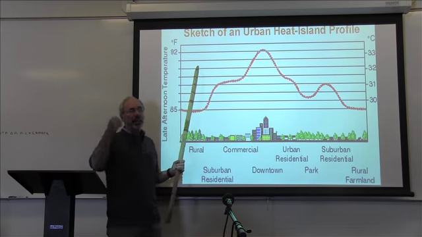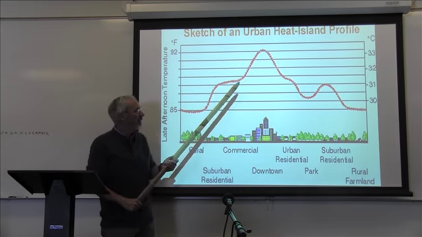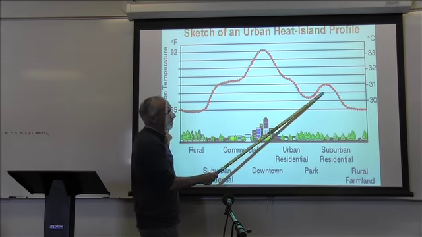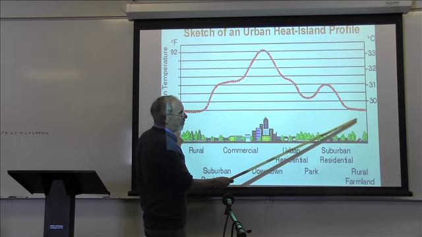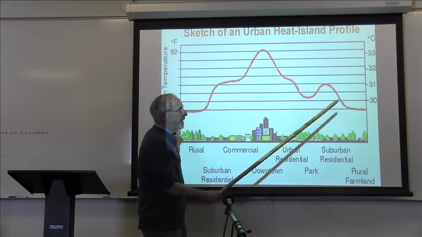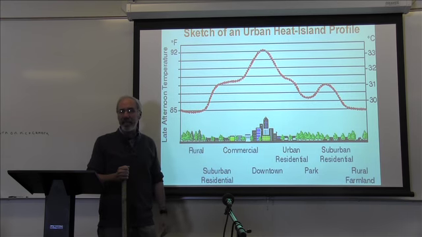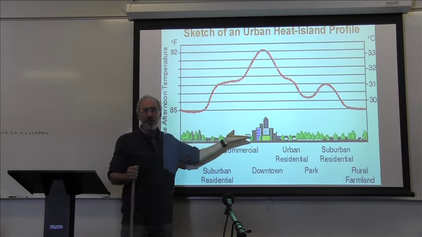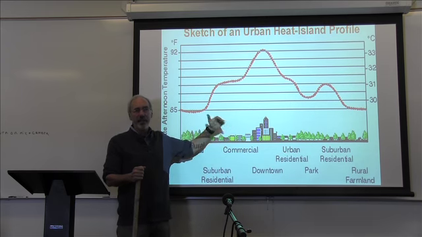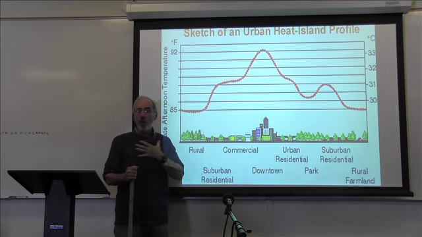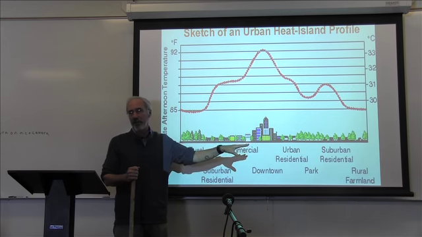Now this is just one kind of example. And then as we move out to the other end, suburban residential, an area where there's more vegetation, the air temperature lowers again. So this is the idea of the urban heat island, that city cores are warmer than their surrounding areas because of what we've done to the surface. Okay?